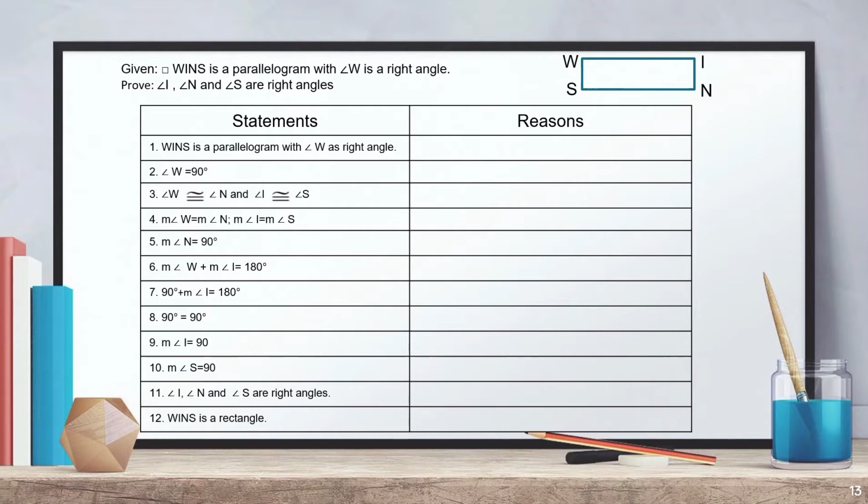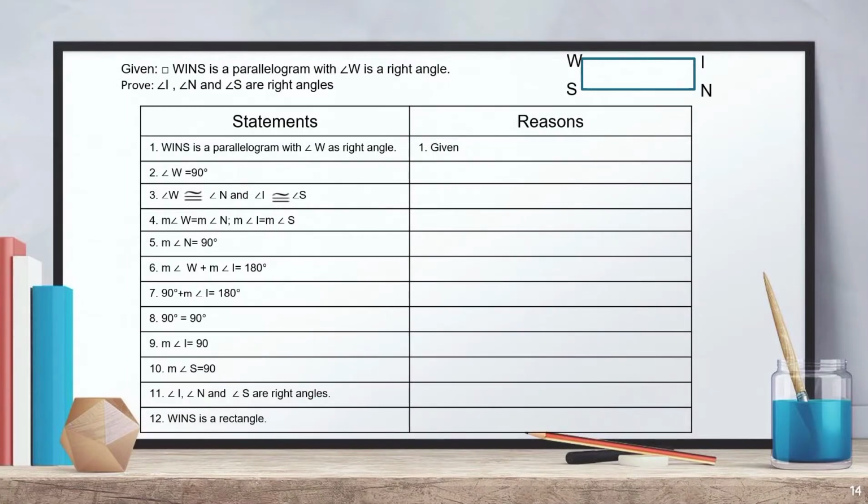Now we are using here the two-column proof. We have here the column for the statements and the column for the reasons. Now always remember that your statements must be connected to each other until we reach the final statement that will prove what is needed to be proven in the problem. So to understand better, let us start with our proving.